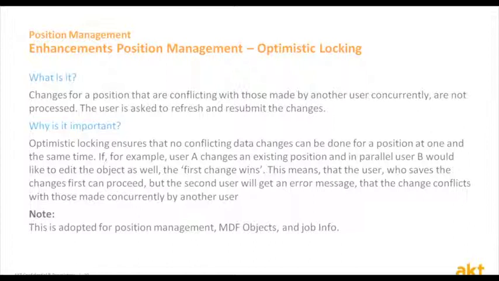He would need to cancel these changes, reopen the entity, review the current details of the entity, and make changes if indeed still required. With this release, it is embedded on position entities, which will ensure position data quality.